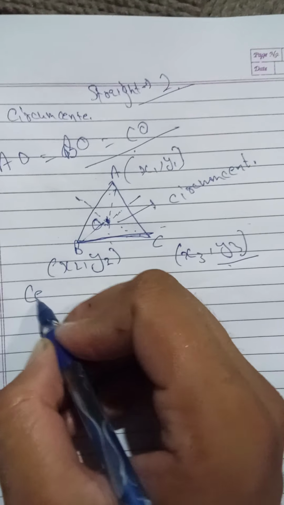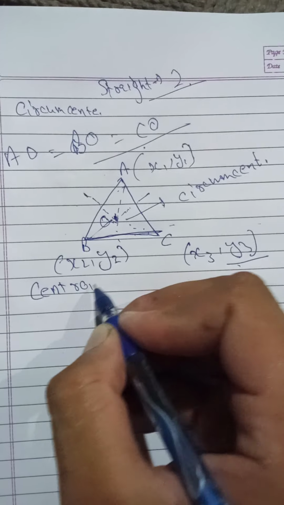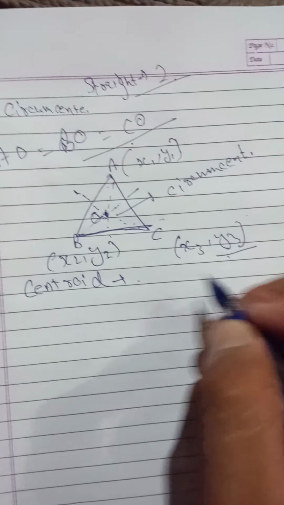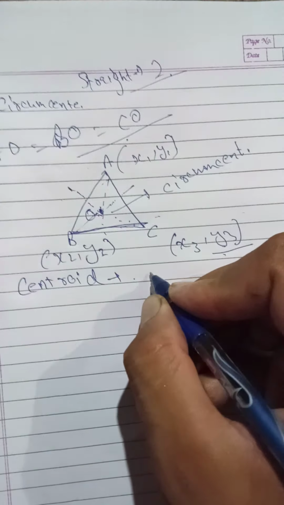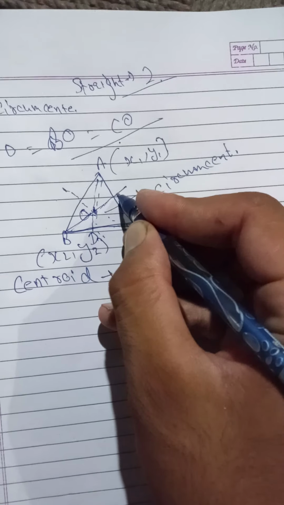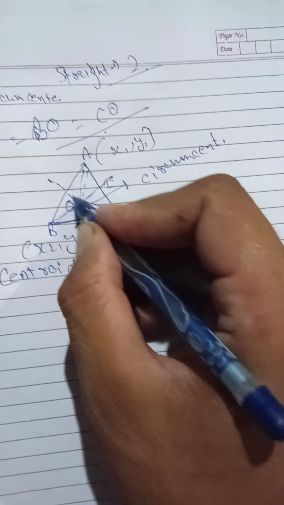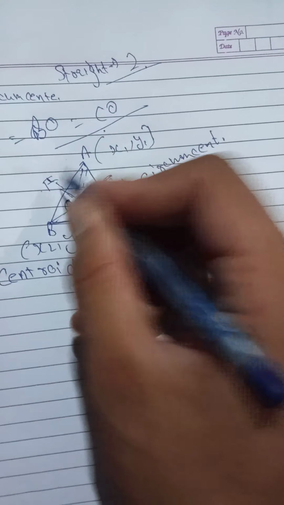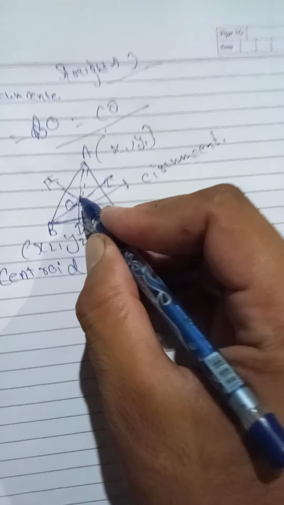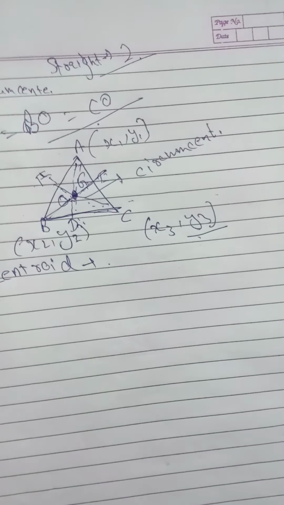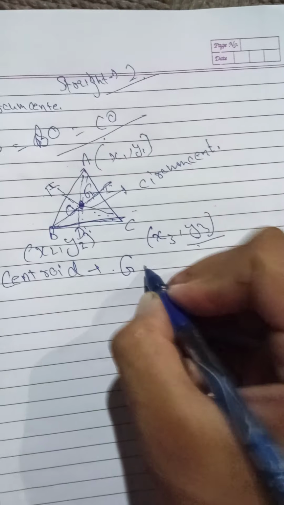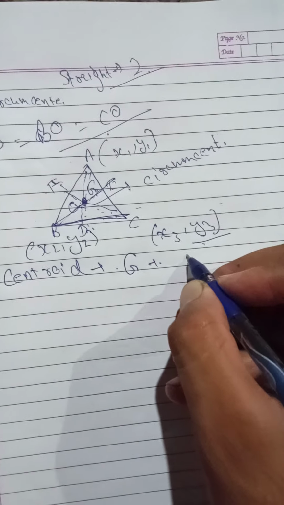The second property is centroid. Centroid means concurrence of medians. If AD is a median, BE is a median and CF is a median, and these three medians meet at a point called G, then G will be the centroid.